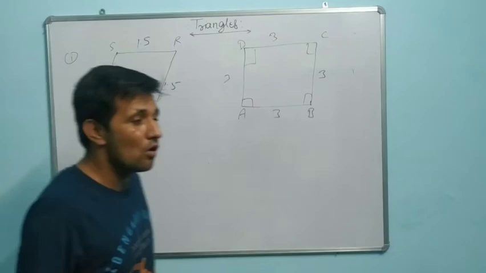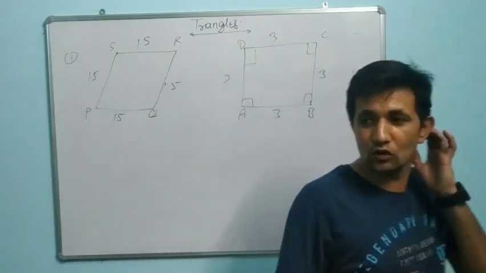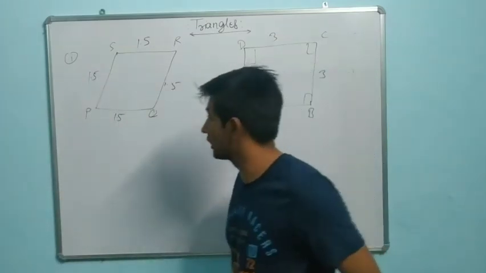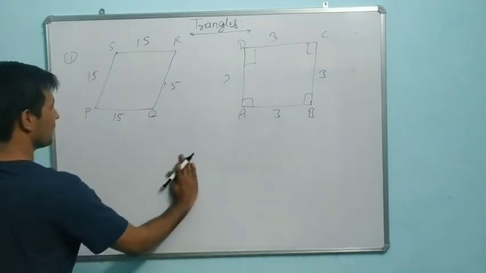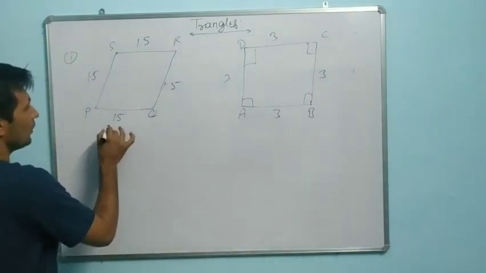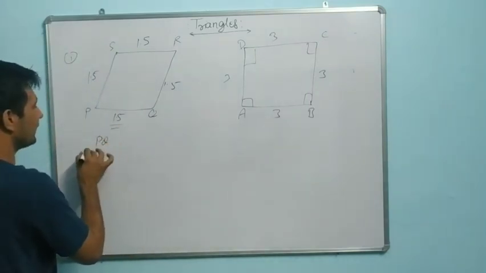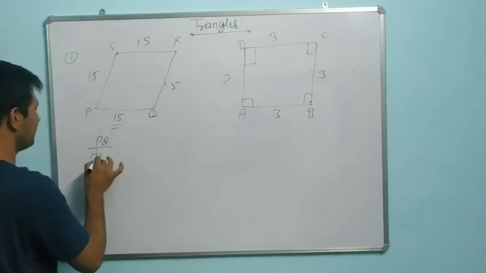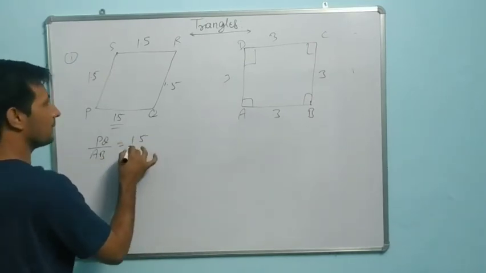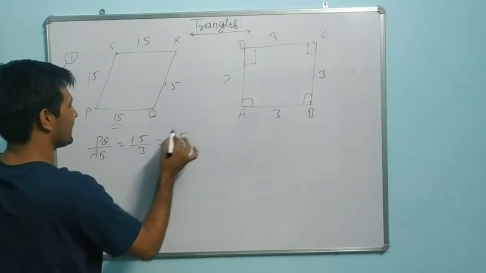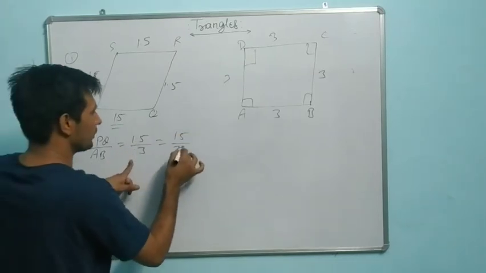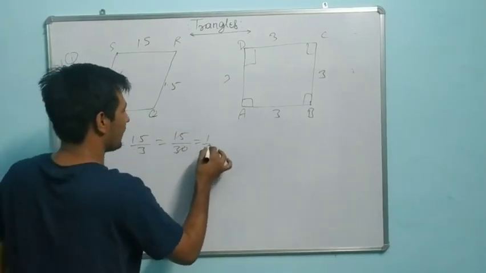Similar means, first, the ratios of sides should be proportional. So first we will check the ratios. PQ upon AB, 1.5 upon 3. Remove the decimal dear, so it becomes 15 upon 30. So what is it? 1:2.